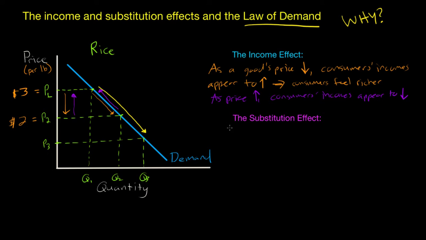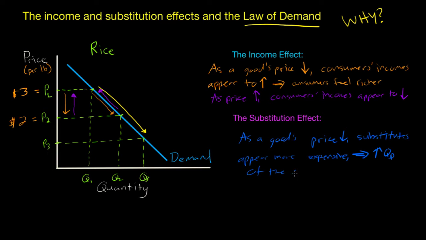There's another rationale for the law of demand, which economists refer to as the substitution effect. This is the idea that as a good's price falls, substitutes for that good appear to get more expensive. Therefore, this leads to an increase in the quantity of the cheaper good.